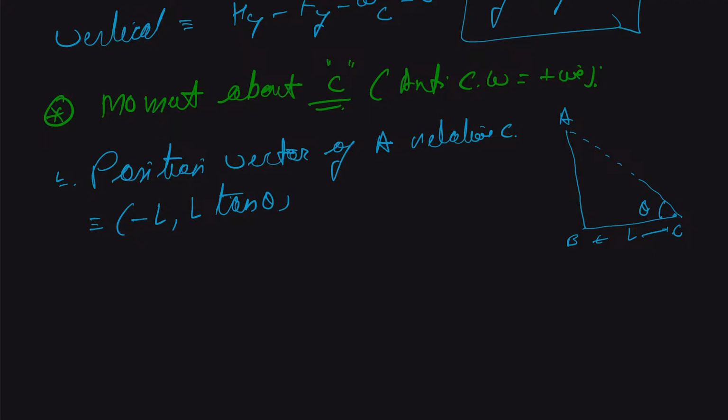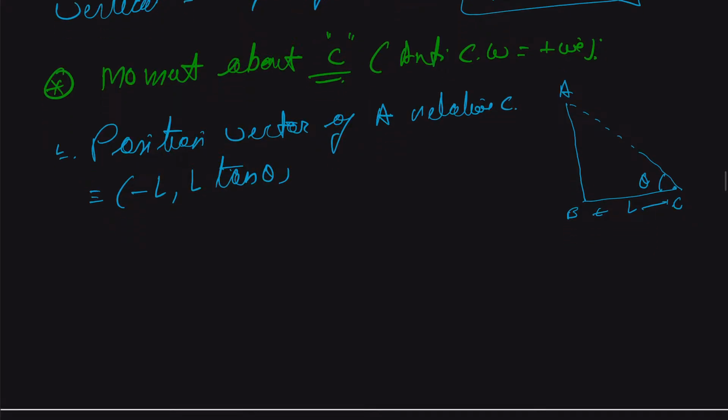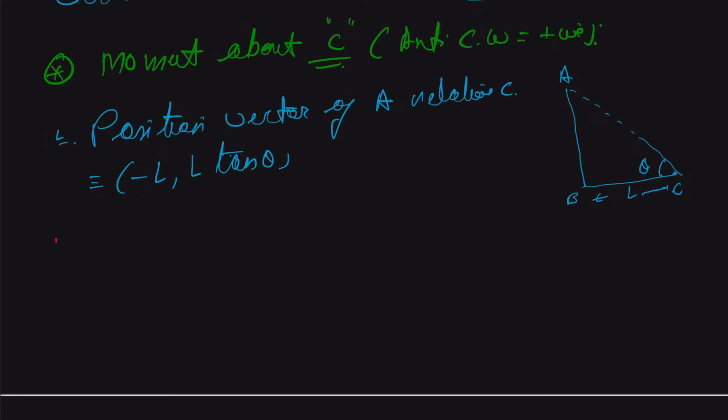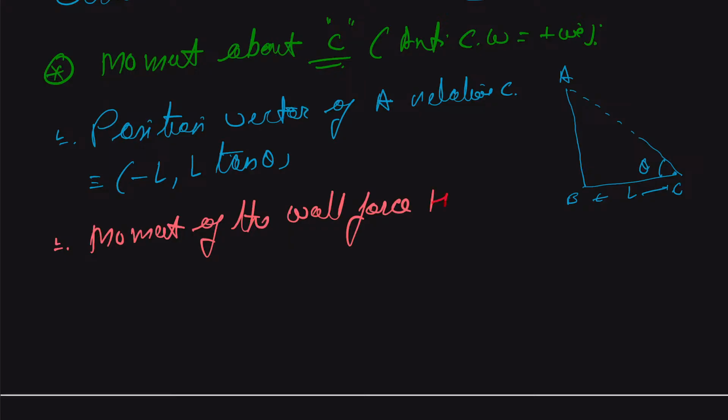Okay. And now we can easily solve it. So we can say that moment of the wall force, which we denoted as H, about C. But this H was having two components, H of X and H of Y. Okay.